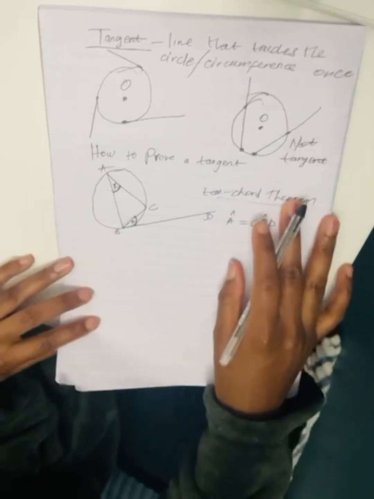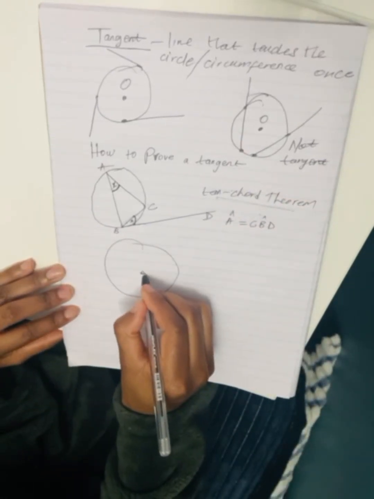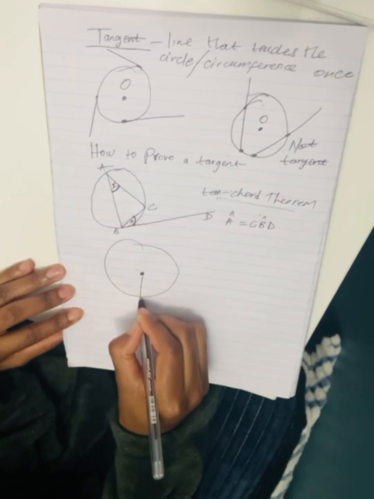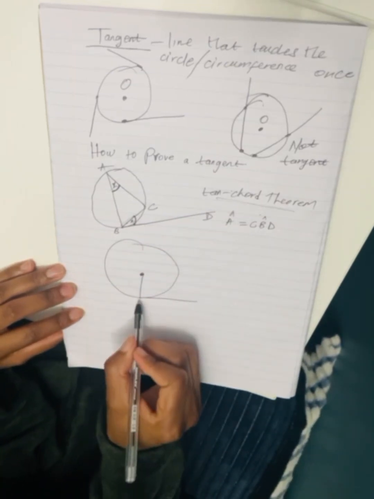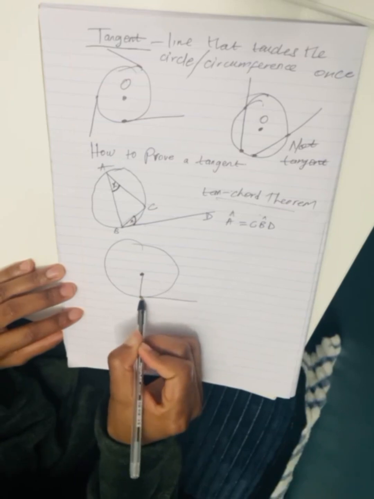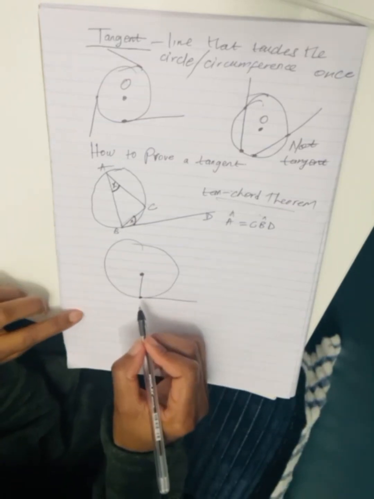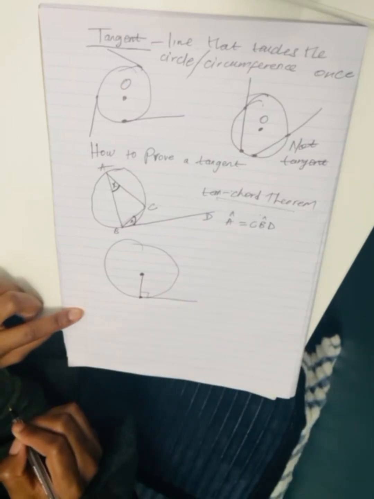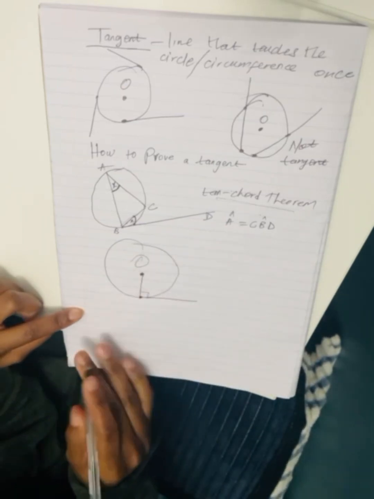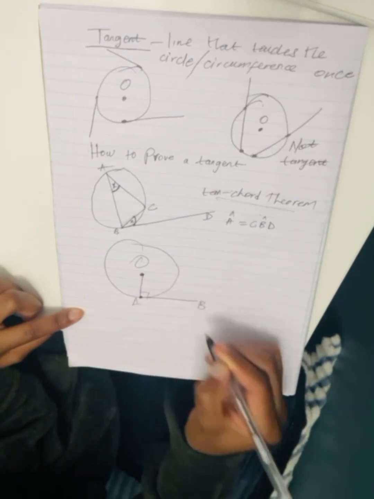And then the second theorem of a tangent is that you have a radius and a tangent. A tangent touches the circle once, so hence it's a tangent. This is our center O, and this can be A and then B.